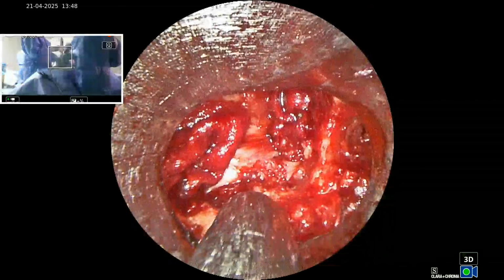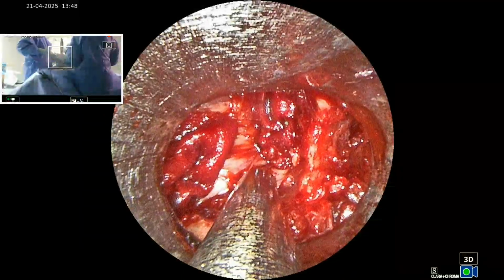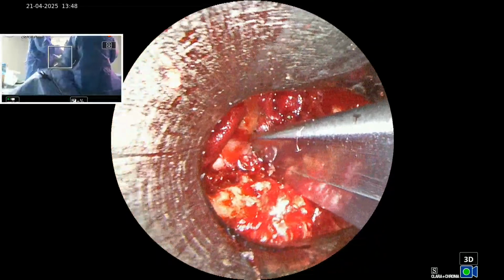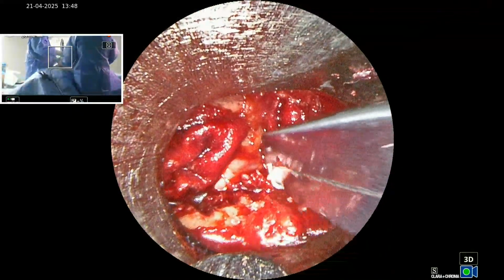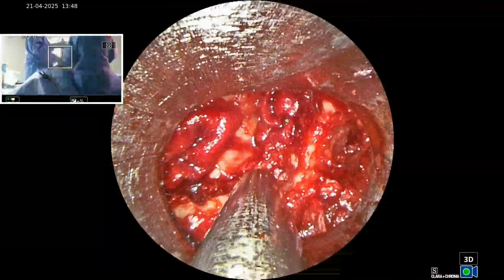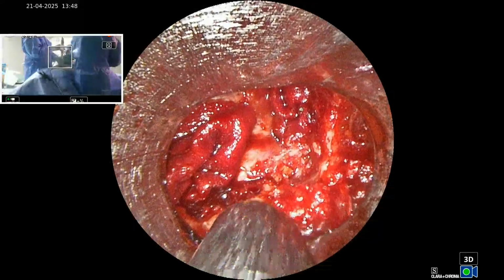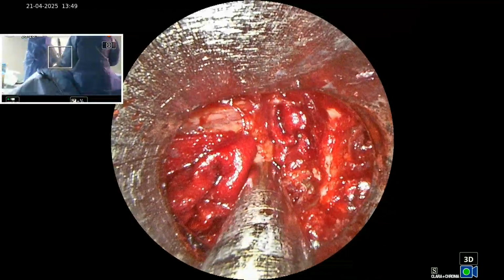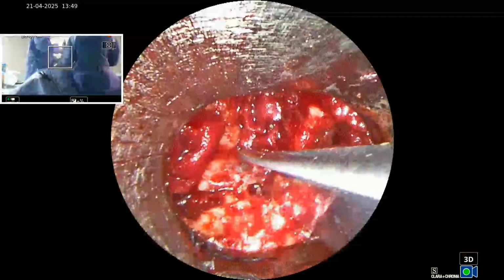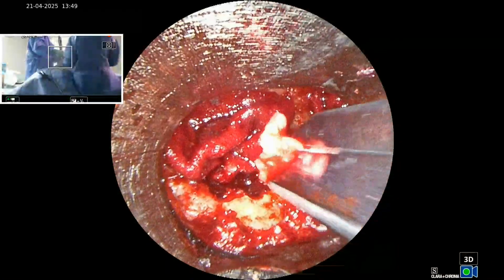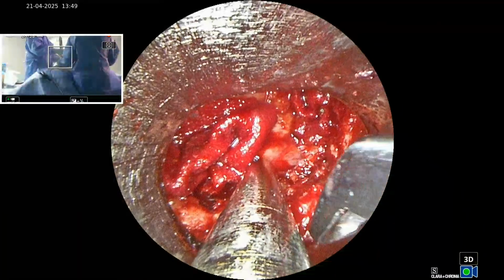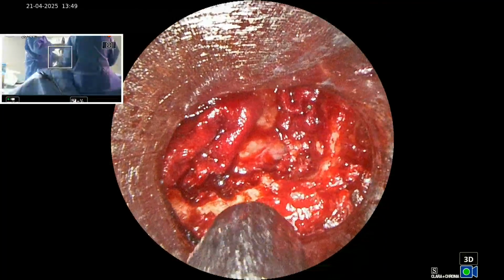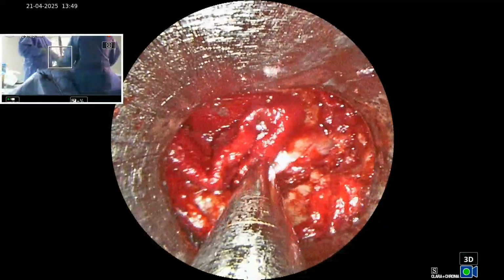90. Nice bite. Now 22 mm. The spatula. So I think it is done now very nicely.